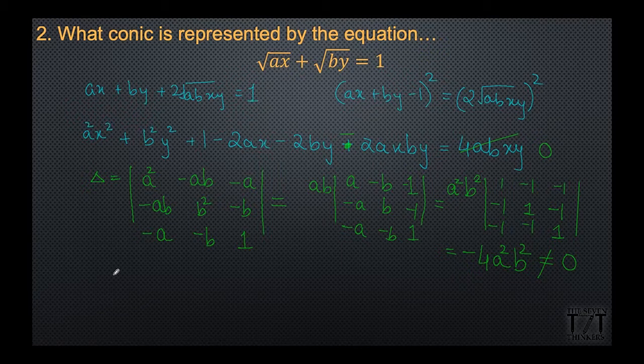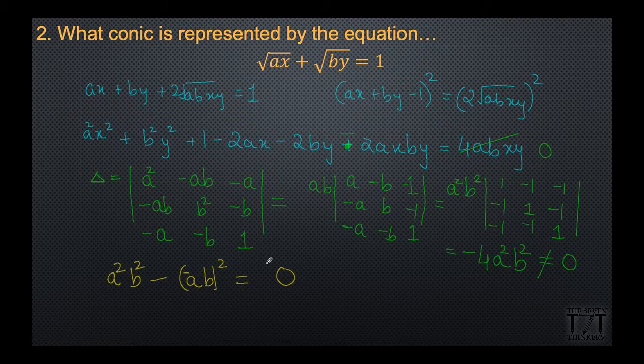So, A over here is a square, B over here is b square, h over here is minus ab, and we're going to square that, and this value will come out to be 0.